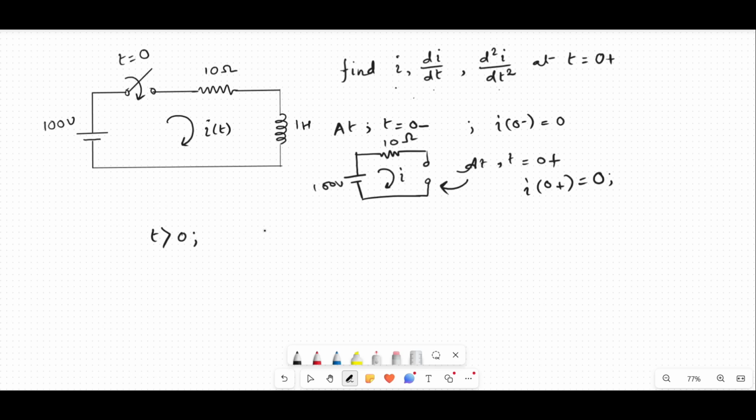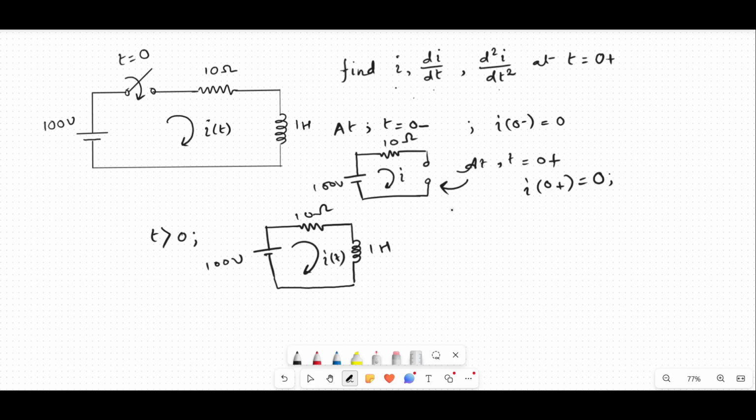Now let's see what will happen for t greater than 0. For t greater than 0, that means whenever the switch is closed, the circuit will be like this, where we have 100 volt, a 10 ohm resistor and 1 Henry, right? And this is the current, which let us name as i(t).